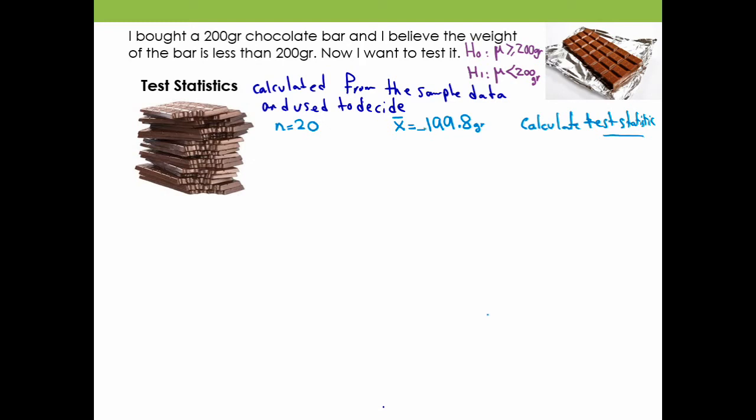But someone else may do the sampling, pick a sample of 20 again, and see that the mean weight of that sample is 197 grams. So the level of confidence for rejecting H0 here is larger. Or someone else picks a sample and finds, for example, a mean weight of 180 grams. In this one, I'm more confident to reject H0.